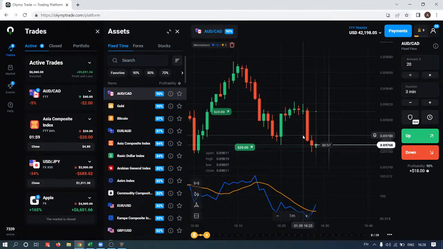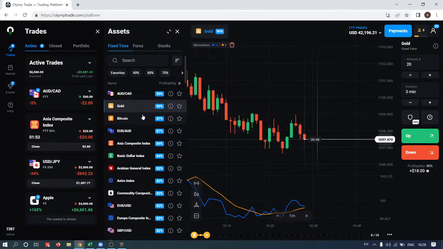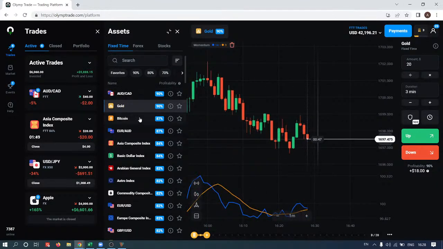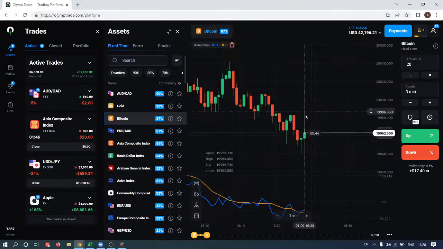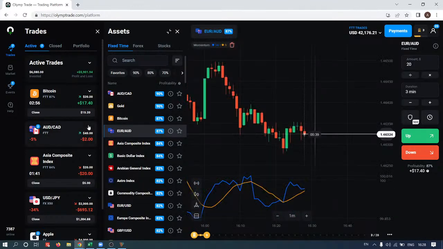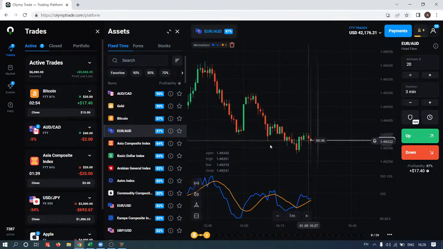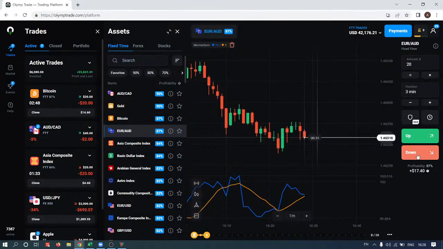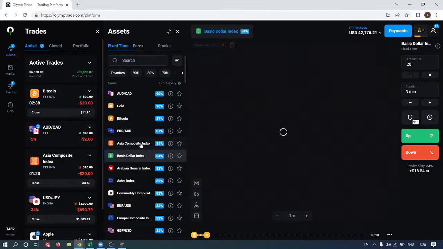Right, let's try this one. Let's try outcut again. So AUD CAD, we have an up signal here. I can see that my trades recently have been closing with a loss. Okay, let's try Bitcoin. All right. Opened a few trades, so let's see how it all works out. And the euro against the Australian dollar, that is my possible next trade.